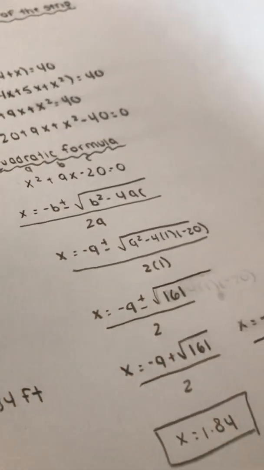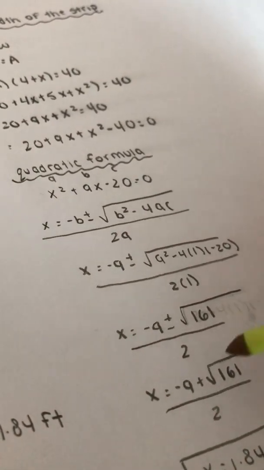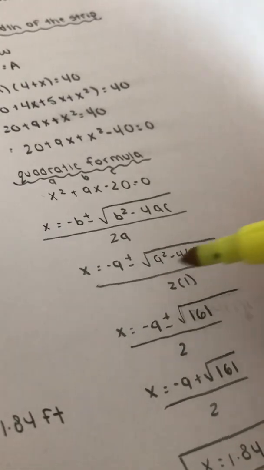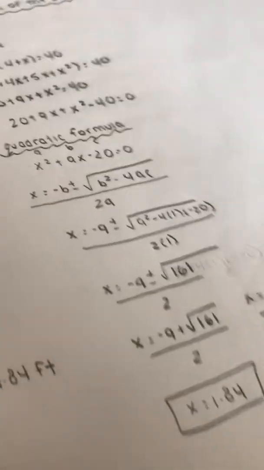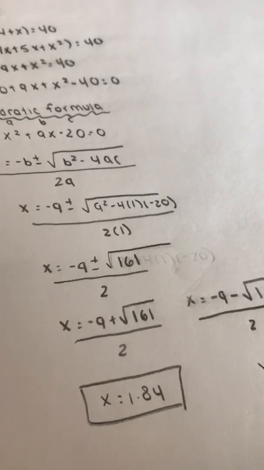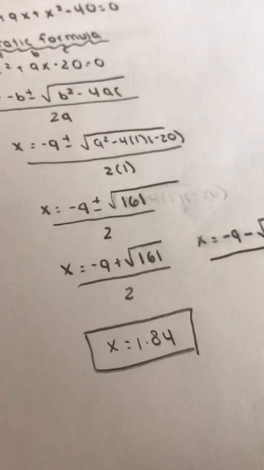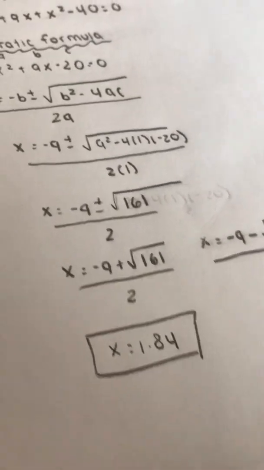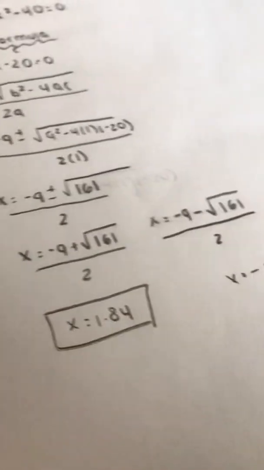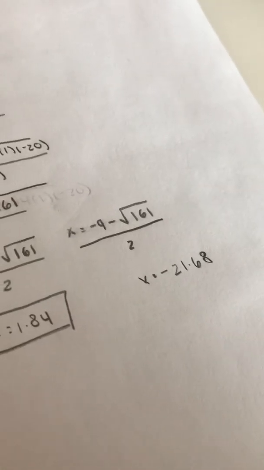After I did my math work, I got negative 9 plus or minus the square root of 161, divided by 2. Then you have to do plus or minus. The plus is negative 9 plus the square root of 161, divided by 2. Since I had to round to 2 decimal places, I got x equals 1.84. And for the other one, x equals negative 9 minus the square root of 161, divided by 2.